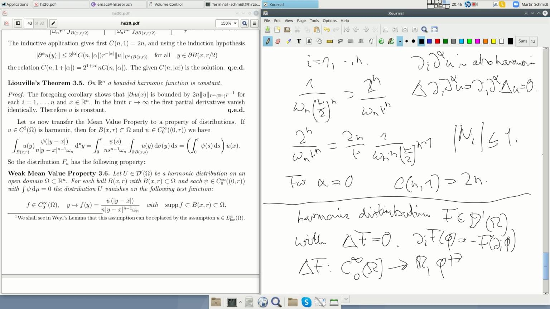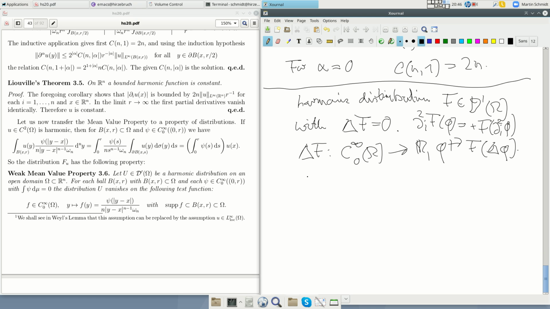If we apply this twice, then we get plus, squared plus squared. And now we take the sum. So it's just f of Laplace phi. So the distribution is 0 if and only if f vanishes on all test functions of this form.